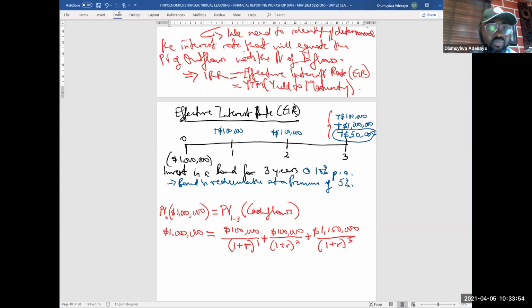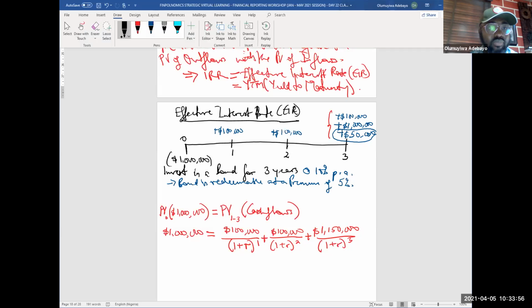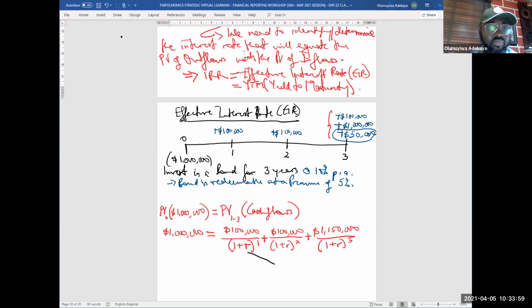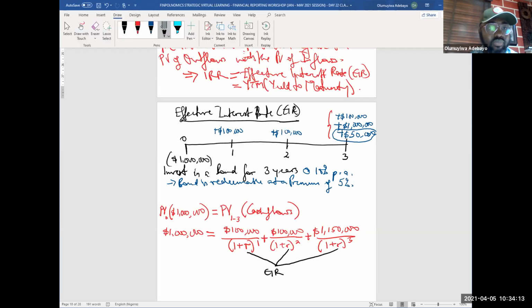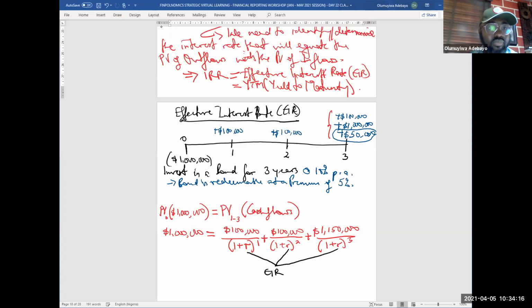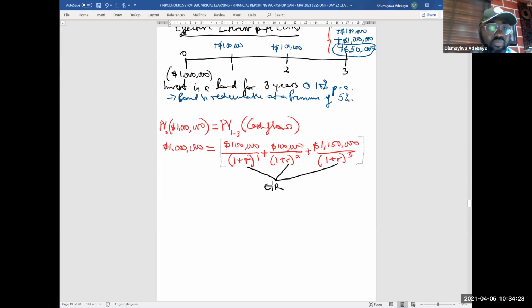We are now saying, what is our effective interest rate? Our effective interest rate is a single rate, which is this small r, such that that rate will ensure that all of this discounting will sum up to $1 million. And that rate is our effective interest rate.